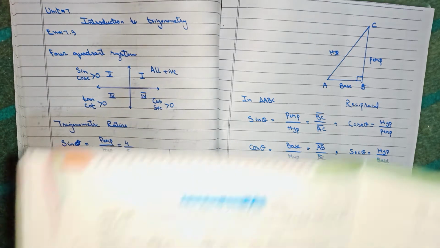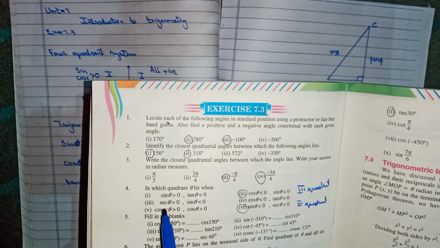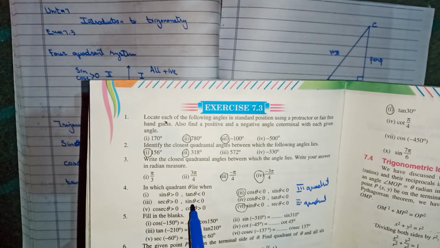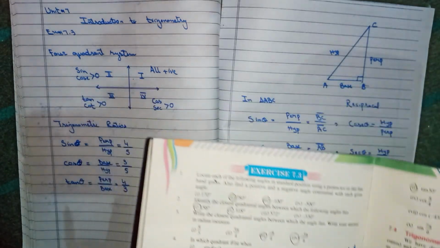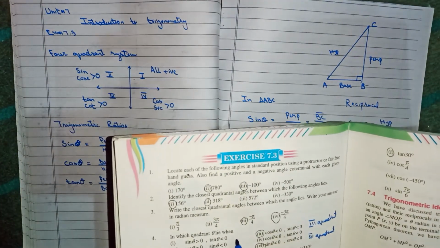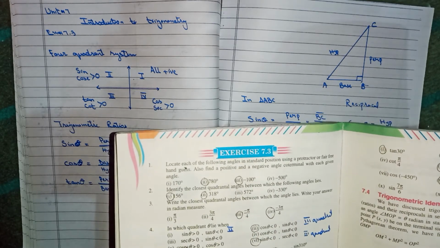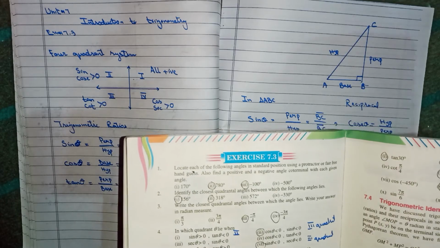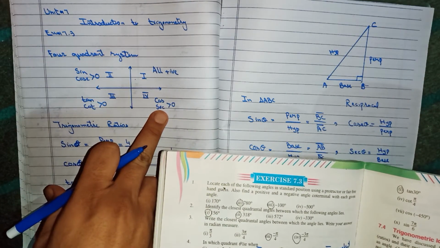Let's discuss another case, not in the syllabus, but you should know: sin is positive, tangent is negative. Sin theta is positive in the second quadrant, where tangent is negative, so it will lie in the second quadrant. Next, secant positive but sin negative: that is in the fourth quadrant.